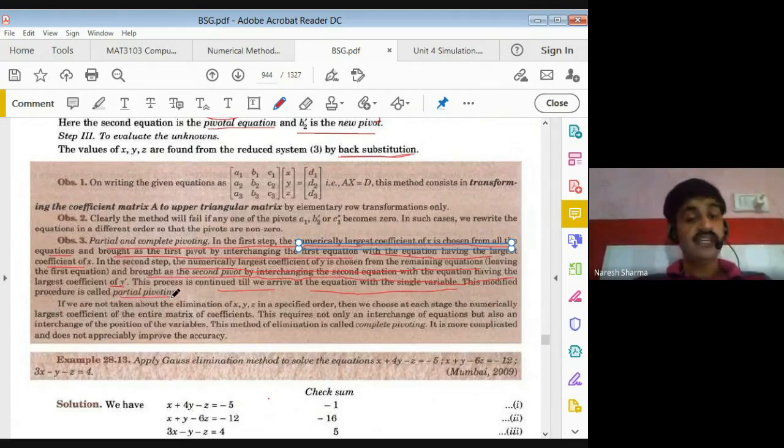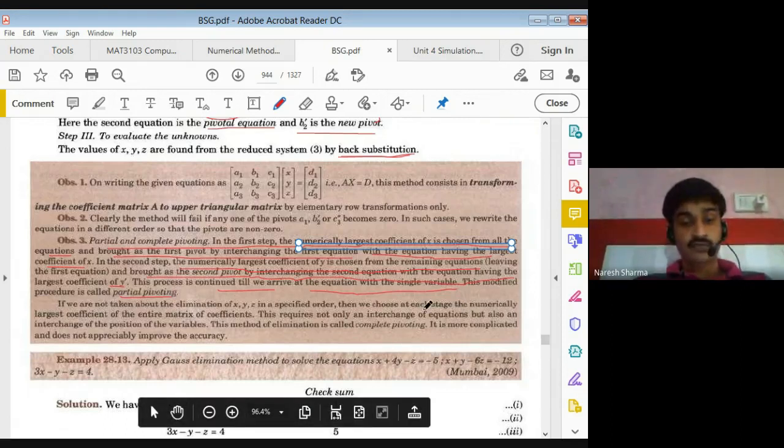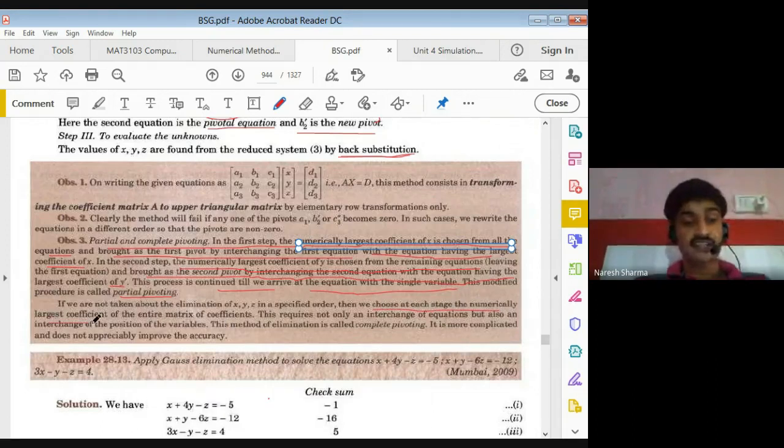In the same way, if you choose at each stage the numerically largest coefficient of the entire matrix. In partial, we use the equation only, the largest coefficient of x or y, whichever we require, that is, equations are interchanged only. But in case of complete, you check the largest coefficient from your entire matrix.